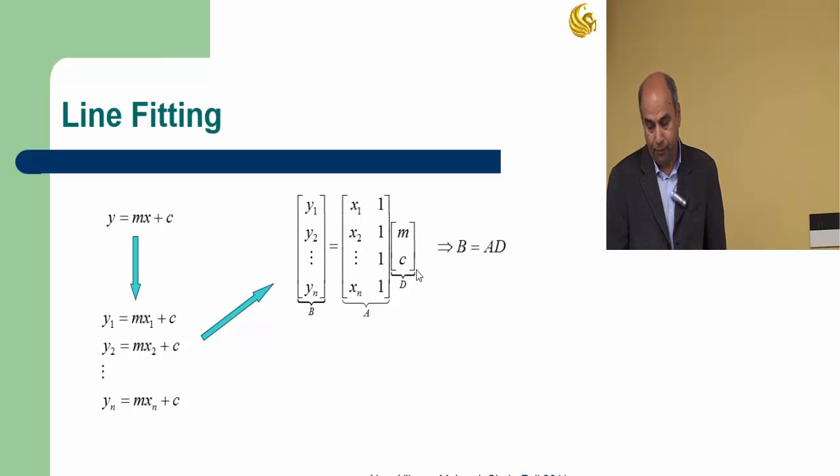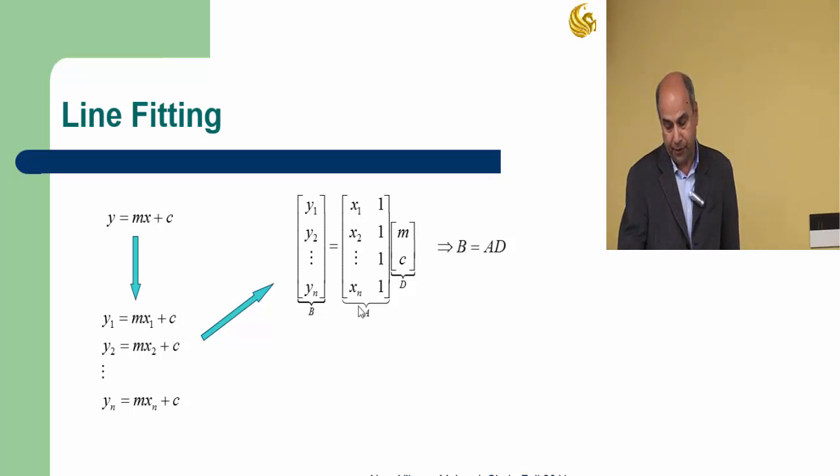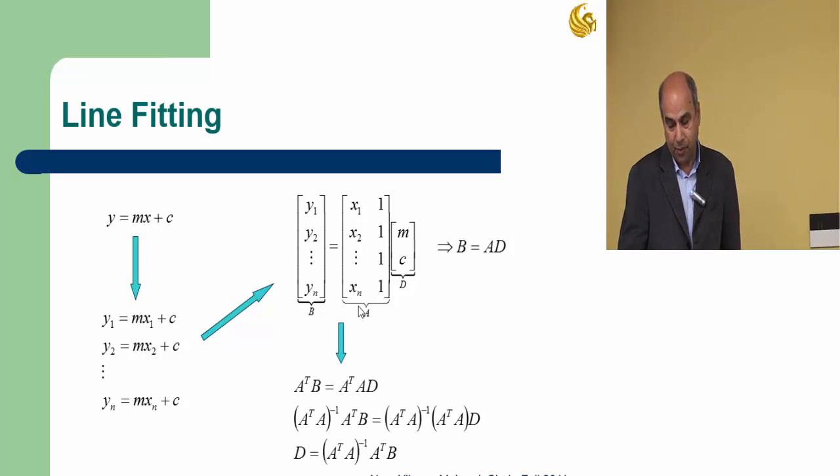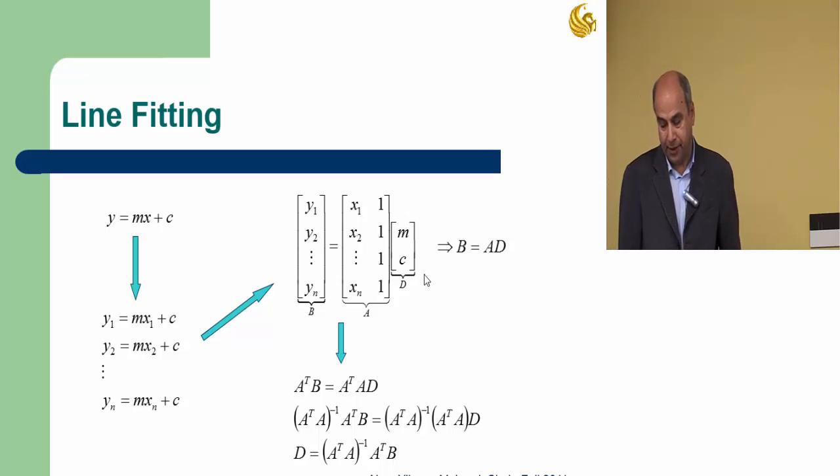And again, this matrix A is not square because it has 2 columns but many rows. So we will do the pseudo inverse. We multiply the transpose on both sides, and then we can do the inverse, and this will give us the unknown which contains the m and c.